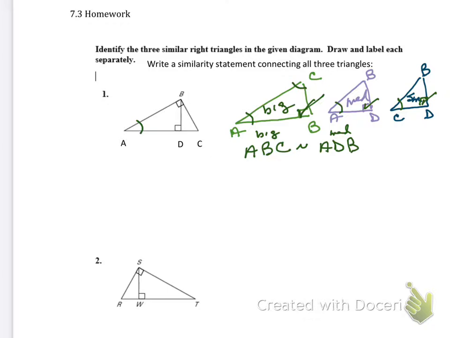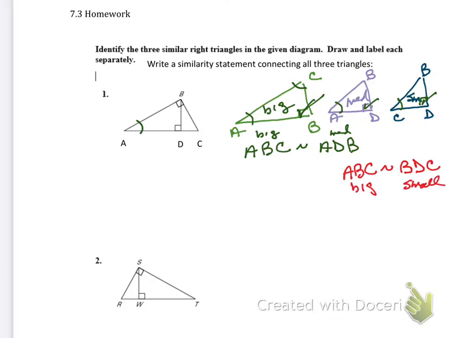We'll change colors for that. So that's going to be ABC, that's the big again, is similar to, okay, so the A is the not identical angle. So that's B, and then the B goes with the right angle, so that goes with D, and the C are the same. So there are the two similarity statements that we need to base everything off of. So this is big to small.